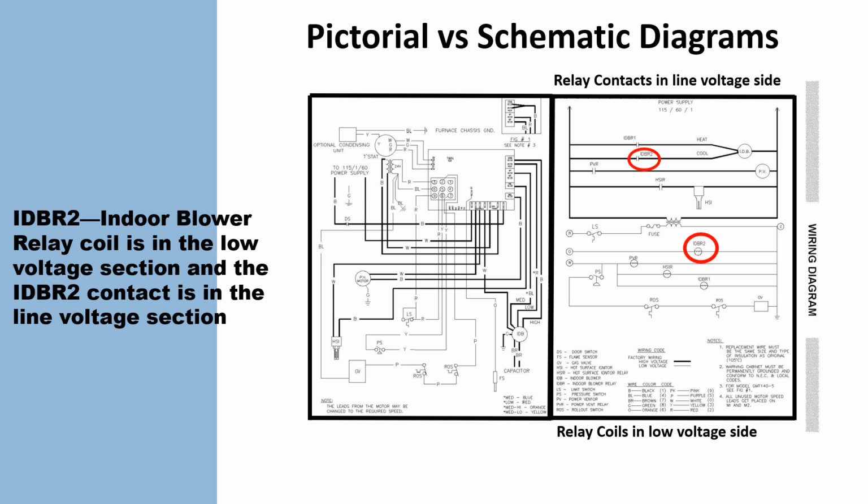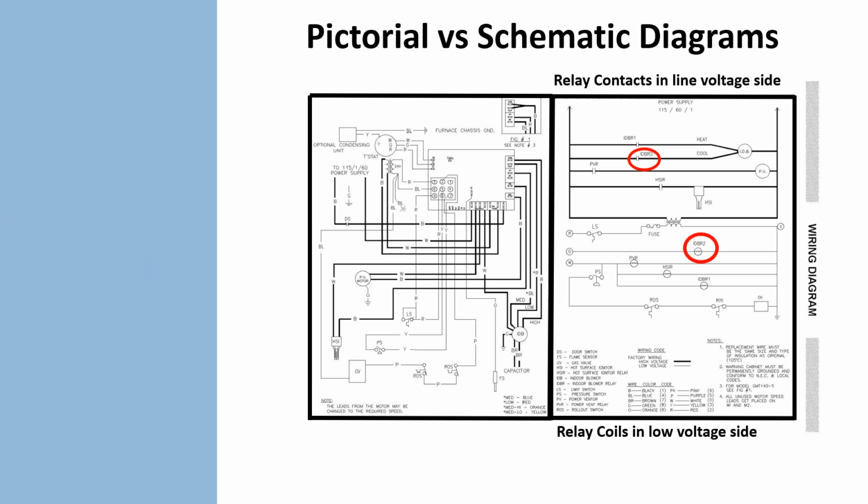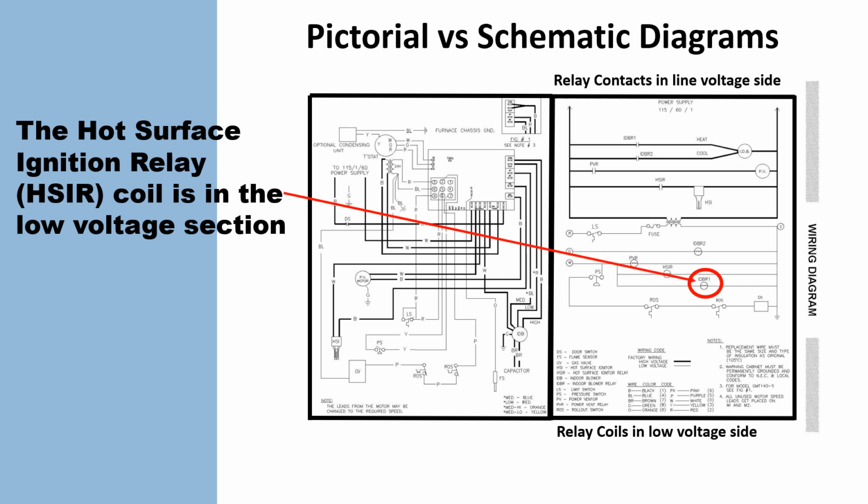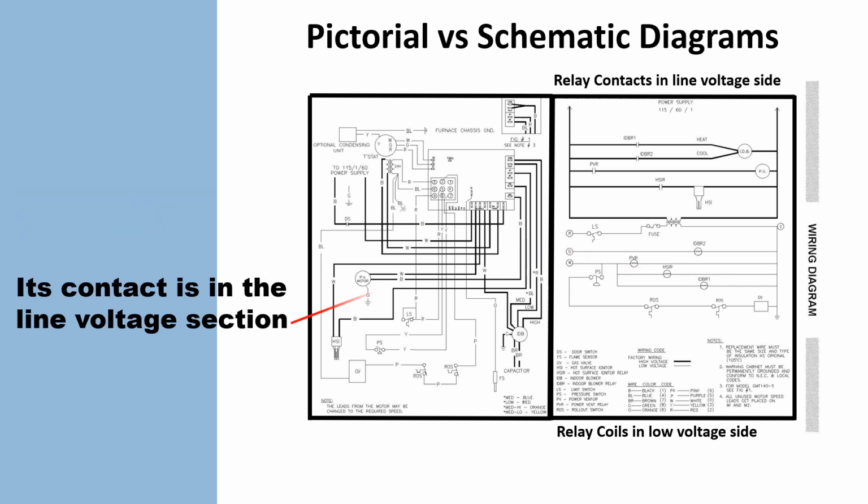The coil is in the low voltage, the contact is in the line voltage. The hot surface ignition relay coil is in the low voltage section, and its contact is in the line voltage section. So, you're seeing that all your relays, the controls, are 24 volts. The coil part is low voltage, and the contact carries line voltage across it.